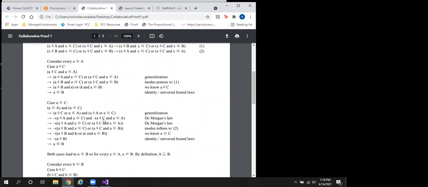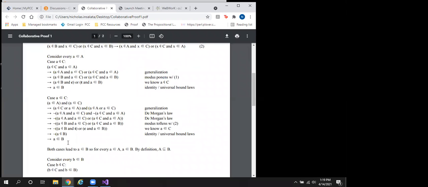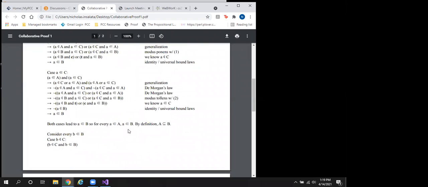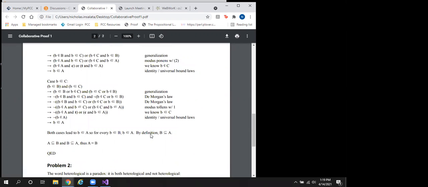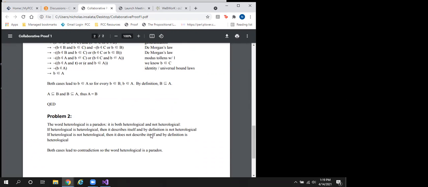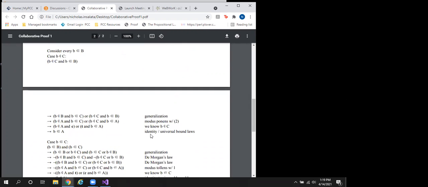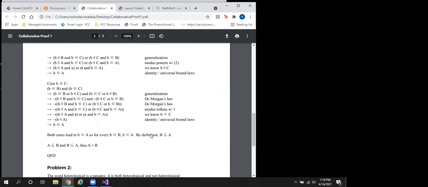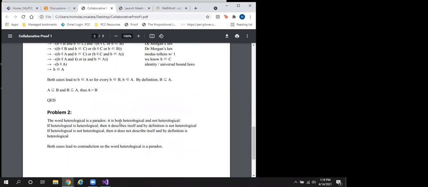And you trot through that element style proof saying, if A is not in C, then it's in B. If A is in C, then it's in B. So it goes in either way. So A is a subset of B. Okay. And there's the flip side for the second part. And then problem 2 is heterological. So I think looking at either of those would be fine.